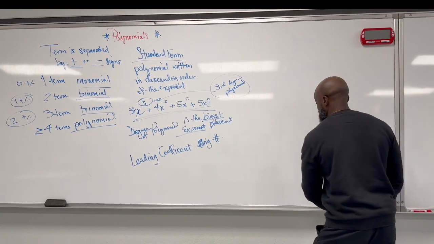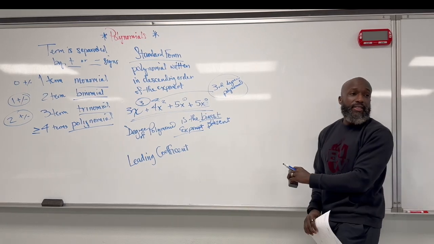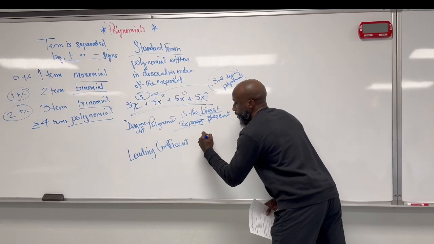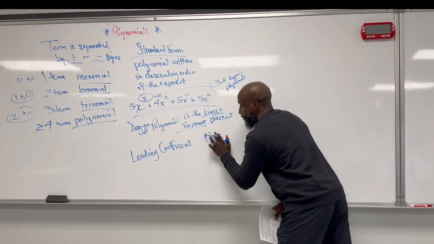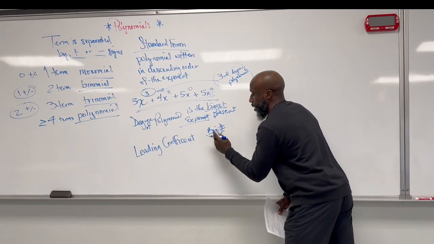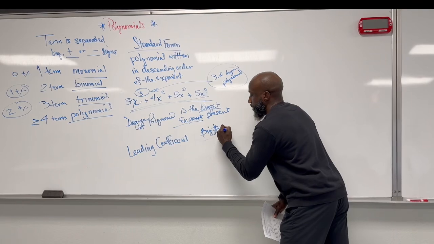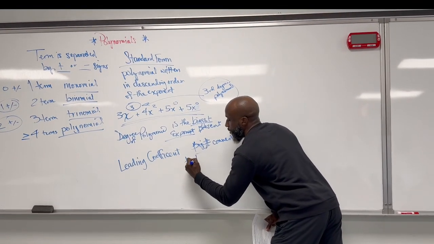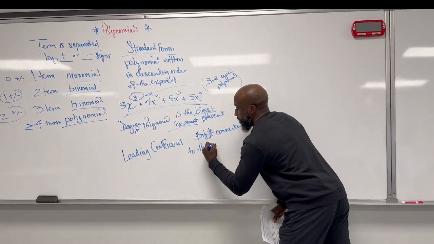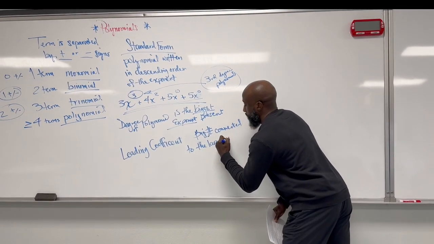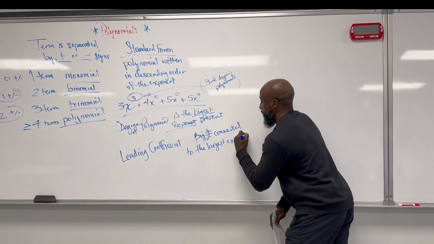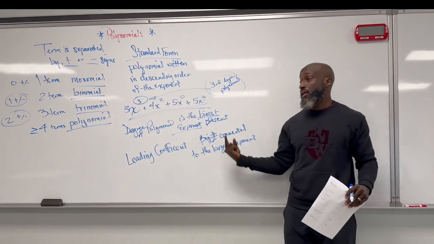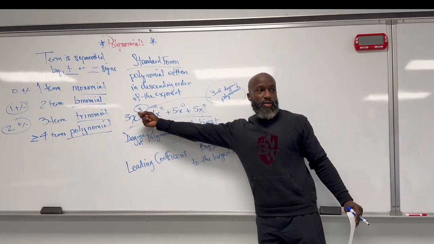So the leading coefficient is the big number, the coefficient connected to the largest exponent. The leading coefficient is the coefficient of the degree of the polynomial.